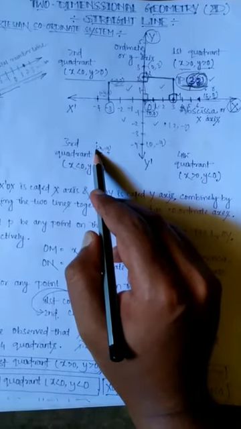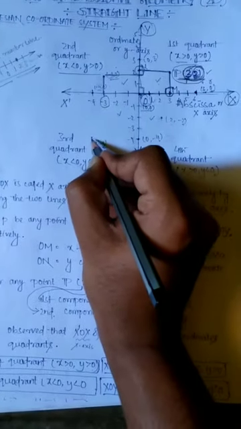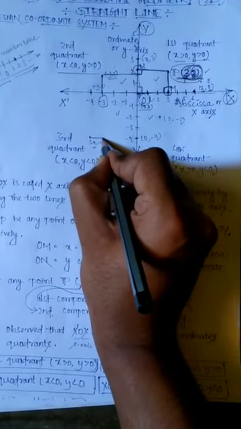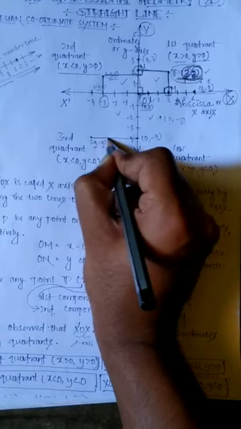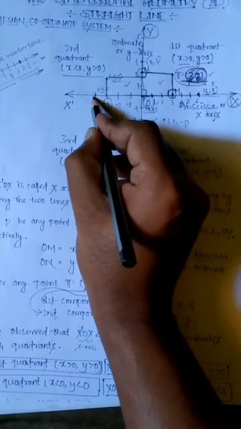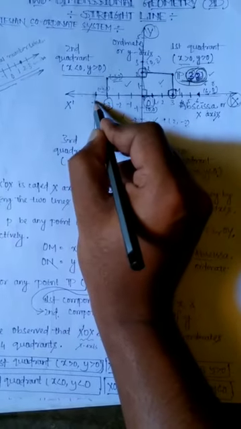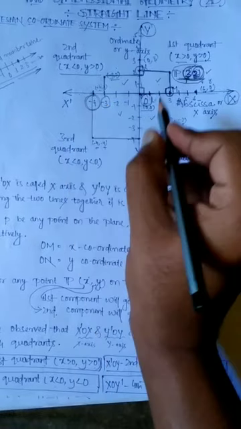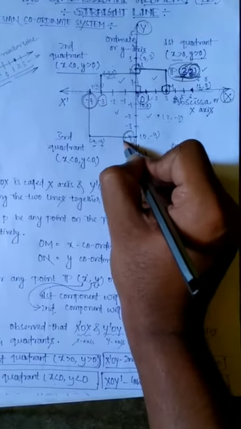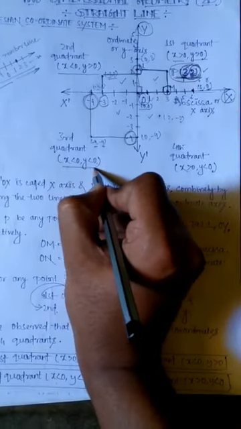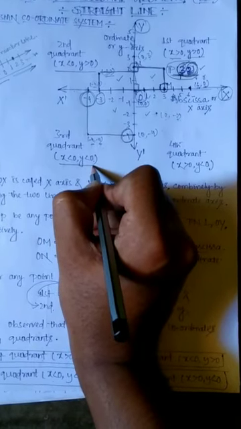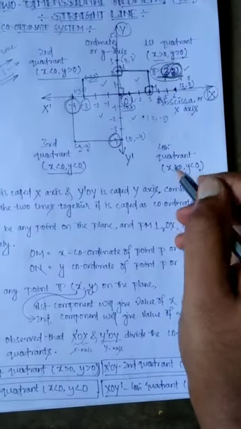In the third quadrant, what will happen? If a point is present here, then the corresponding value of x is negative and the corresponding value of y is also negative. That's why x as well as y both are negative. In the fourth quadrant, what will happen?